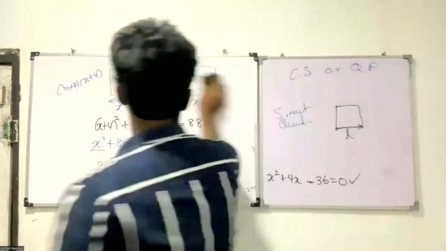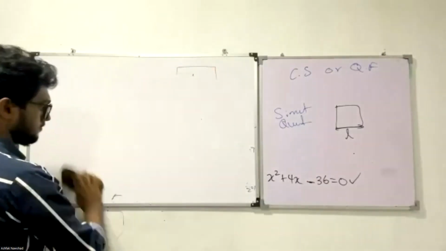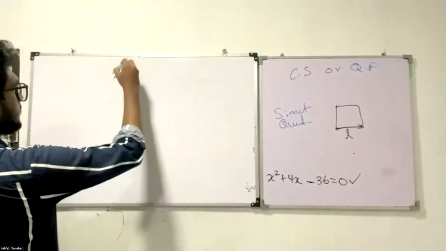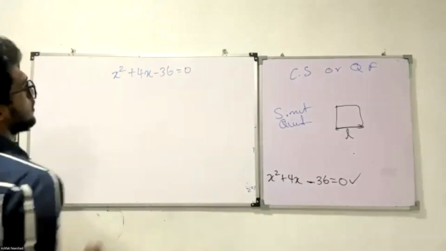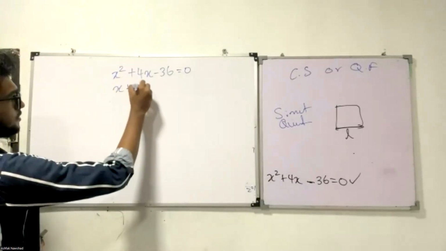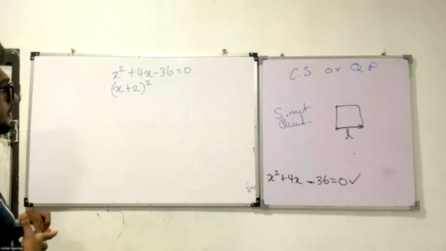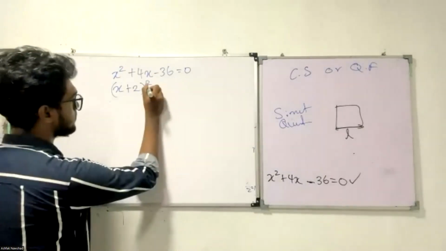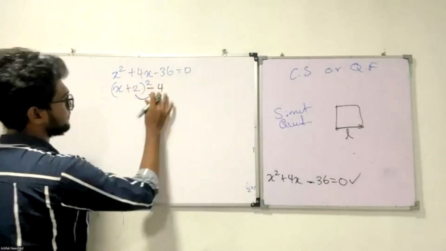Good. So we'll just have to use either of the methods. I'll just complete the square, it's up to you. So this is x and half of the coefficient is 2, so (x plus 2) squared, and the term after the bracket must always be minus the square of 2, which is 4.